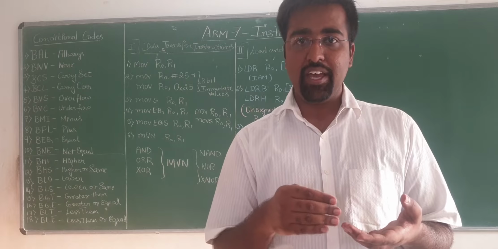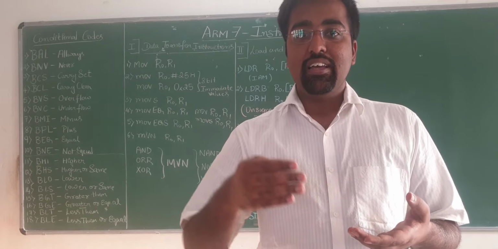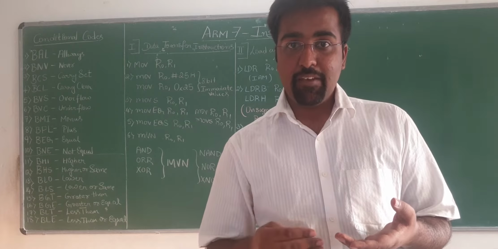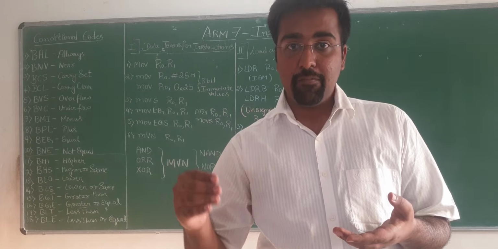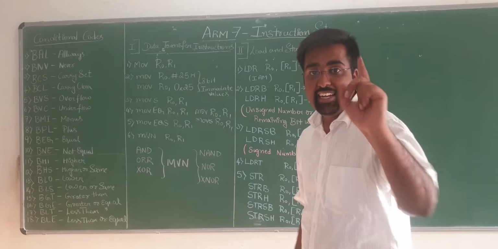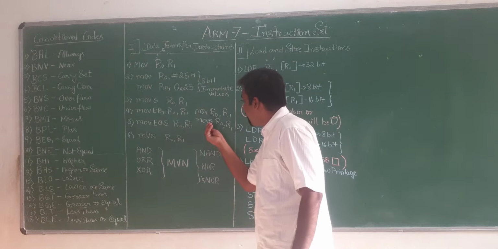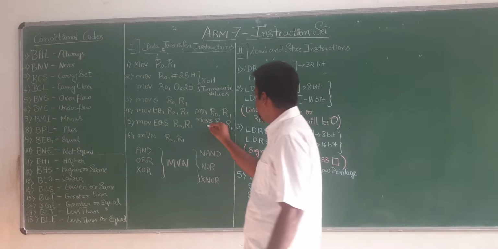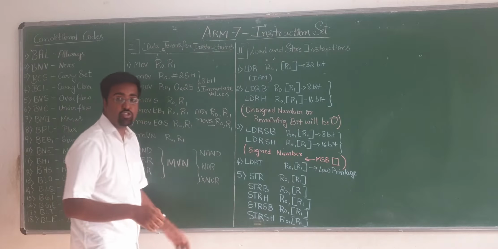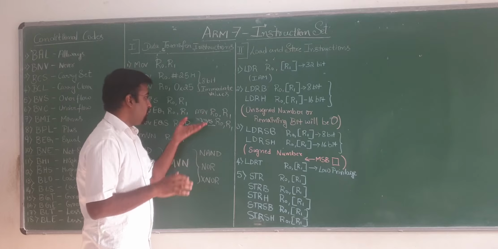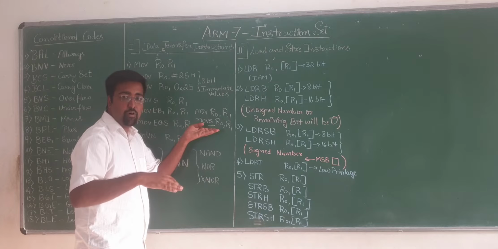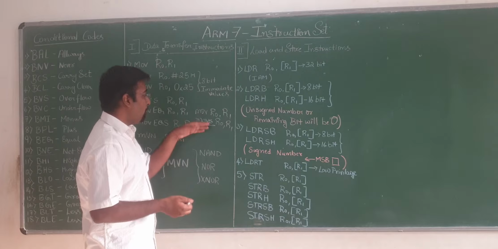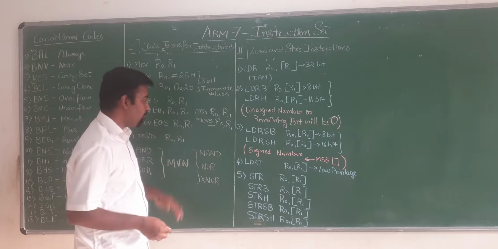In the same way, MOVS does the same, moving the contents of R1 to R0, indicating that it also sets the status flags. So the meaning is the same. MOV does the same operation as MOVS, but in MOVS the status flag is set.